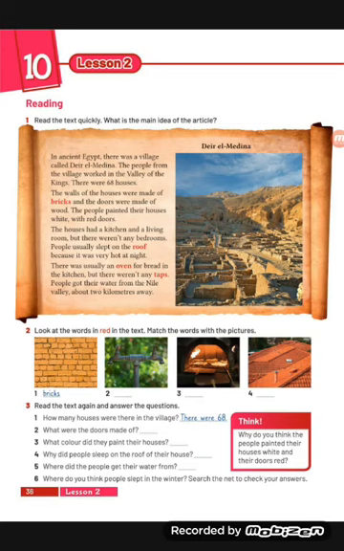Now let's turn to exercise number 2. You have to look at the words in red in the text and match the words with the pictures. Are you ready? Let's start. Number 1, what do we call this? Yes, bricks. Number 1 is done for you.